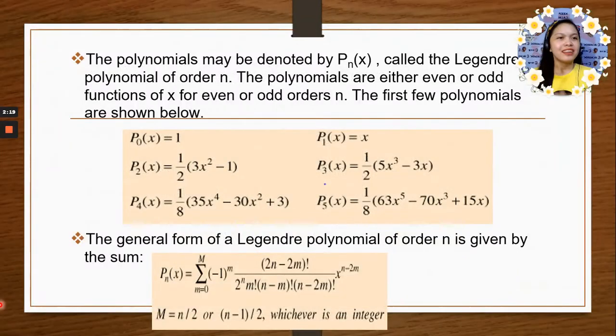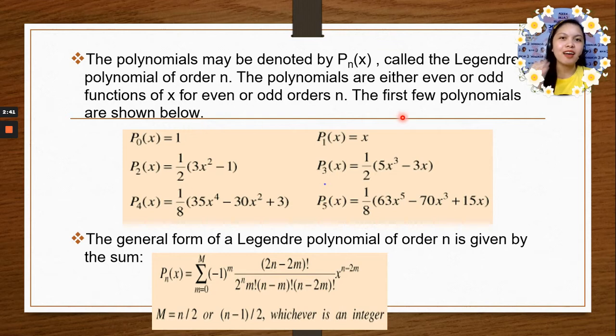As a continuation, the polynomials may be denoted by P sub n of x, called the Legendre polynomial of order n. The polynomials are either even or odd functions of x for even or odd orders n. The first few polynomials are shown below.